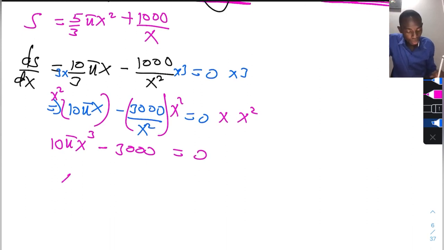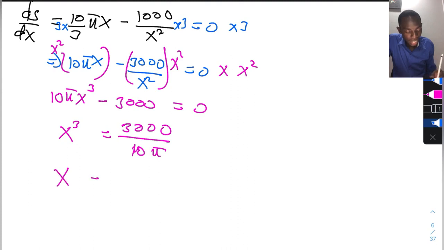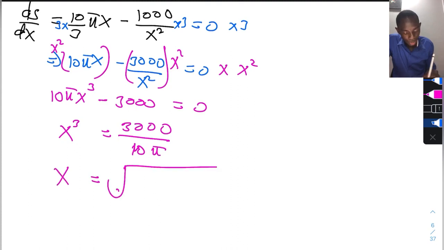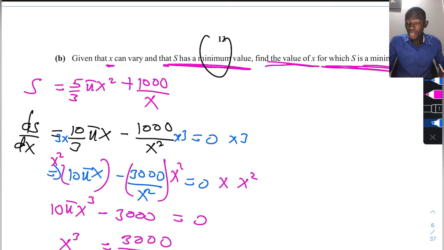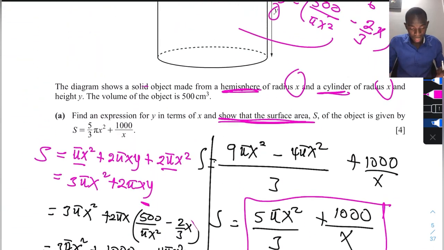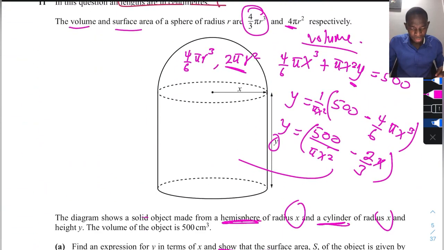Okay, then you have x cubed is equal to 3000 over 10 pi. Then you take the cubic root, and then that will be 3000 over 10 pi. Okay, then you take your calculator, make sure that it is not in radians.